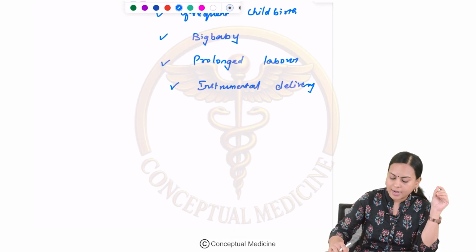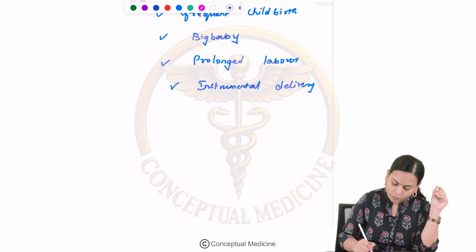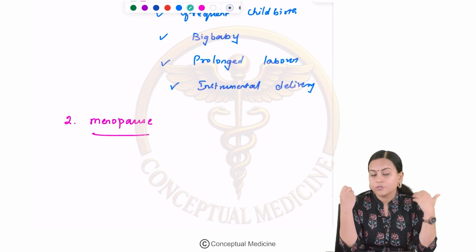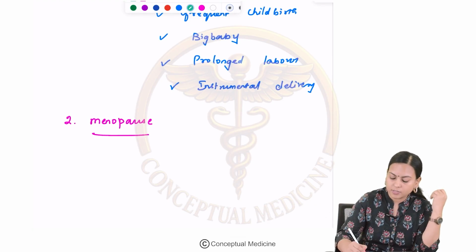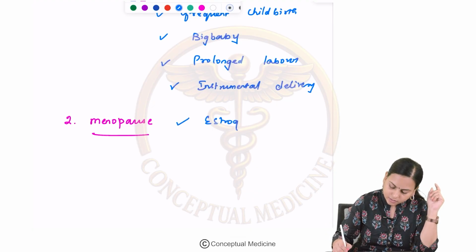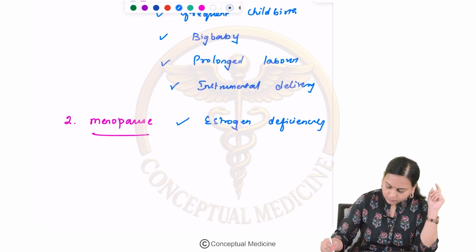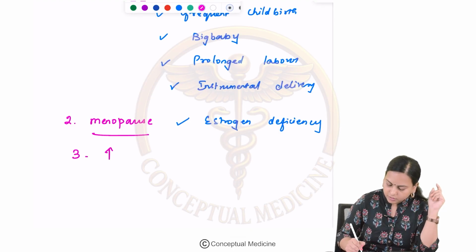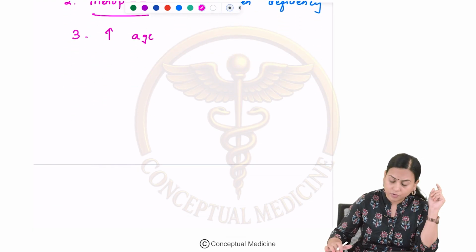and when she had instrumental delivery. And the second important cause is menopause. Menopause means the factor which is going to cause a prolapse is estrogen deficiency. Increased age is also a risk factor.